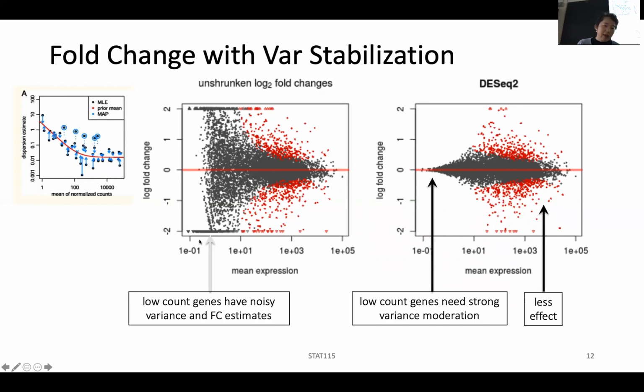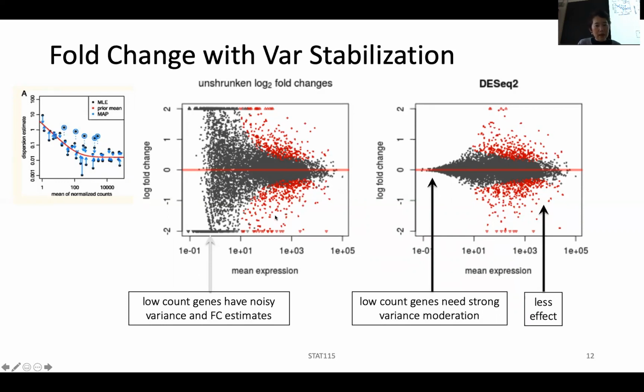You see that there are a lot of genes called as differentially expressed with huge fold change. This is just because when the numbers are small, you can easily get a big fold change, right? But then you are not that confident about those genes, and it's better not to really call them.